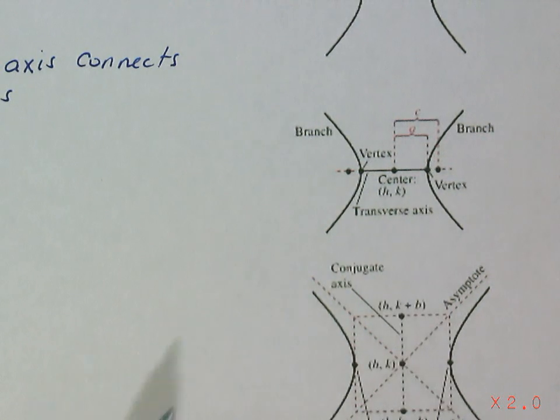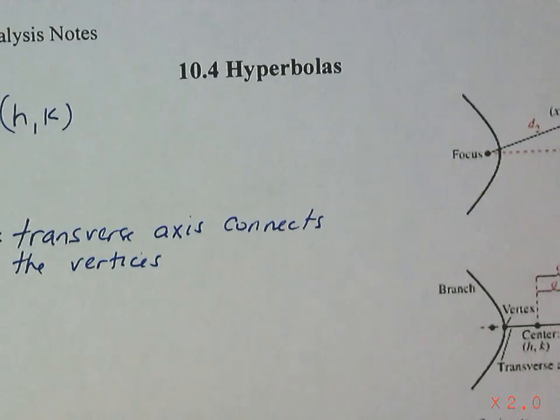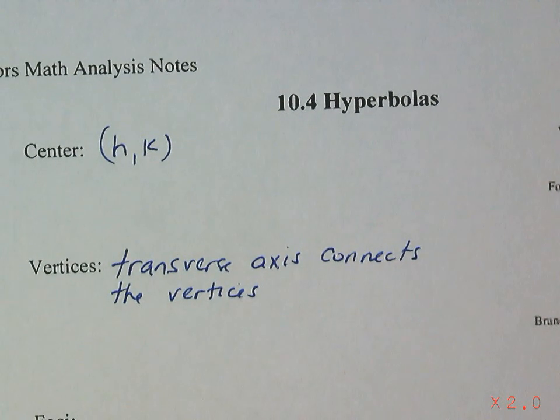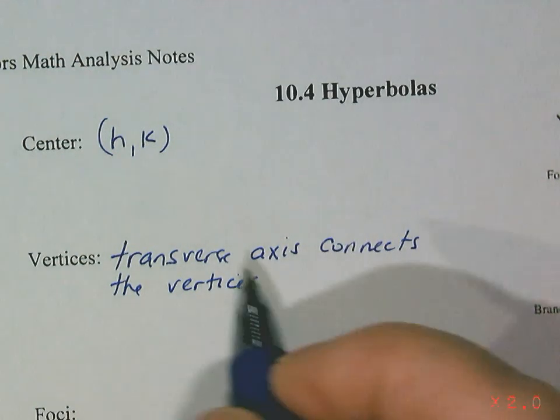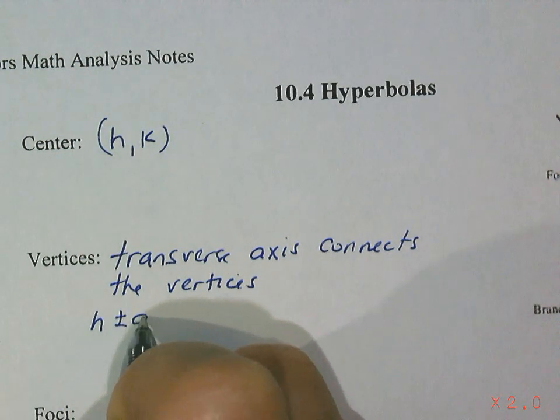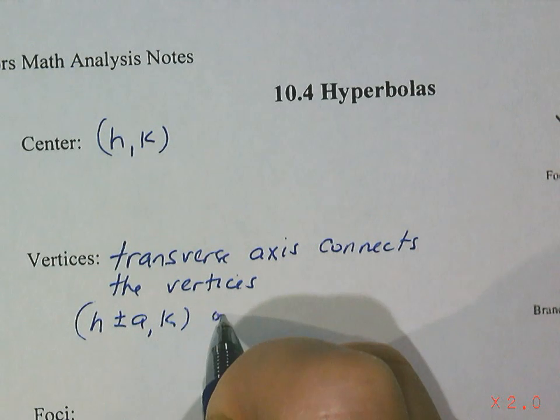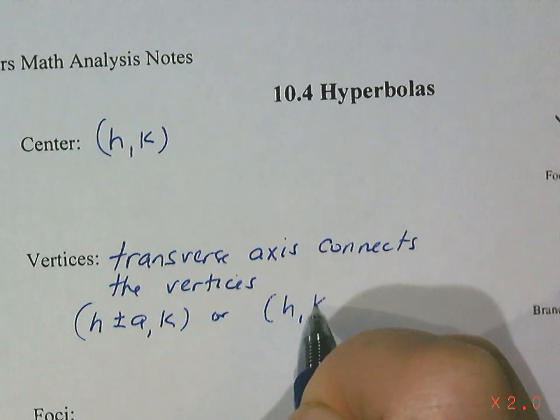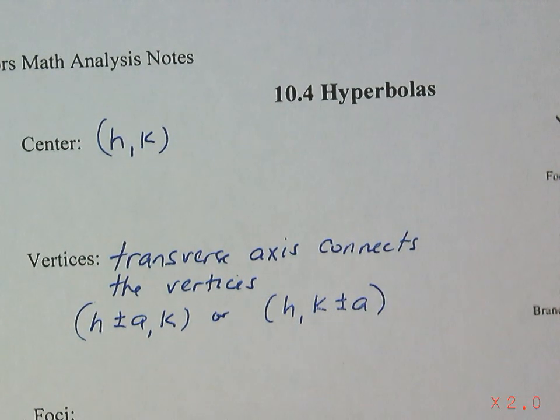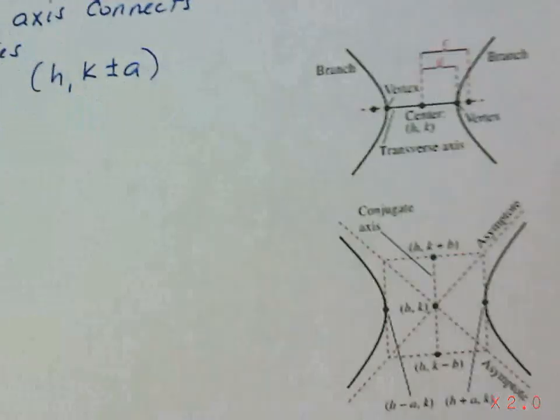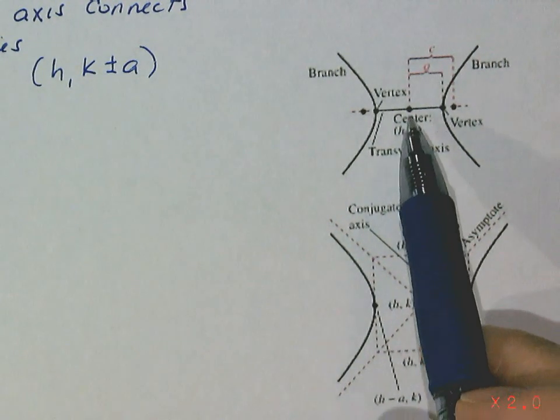Here's the transverse axis. The formulas are going to be (h plus or minus a, k) or (h, k plus or minus a). A is always going to be the distance from the center to a vertex.